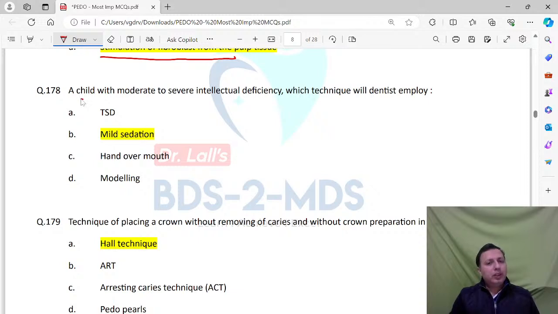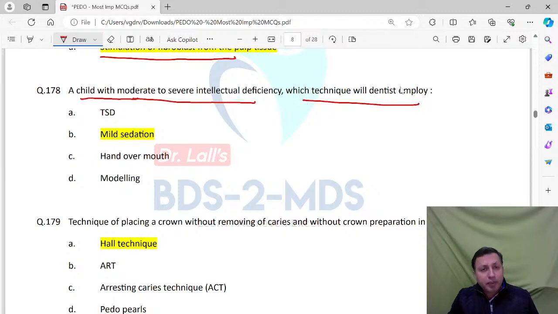Now, in this question, they are asking that for a child with a moderate to severe intellectual deficiency, which technique will the dentist employ? This I have told you in the lecture also. There is an IQ classification by Stanford Binet, where I have told you from intelligent to, you can say, the children who have intellectual disability, where the IQ is less than 69.